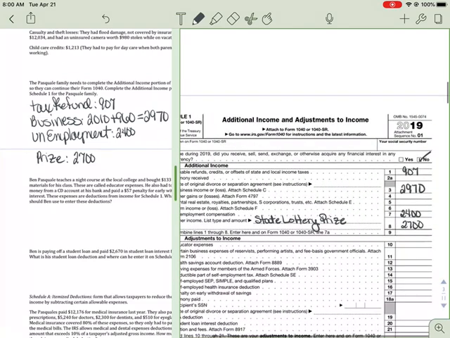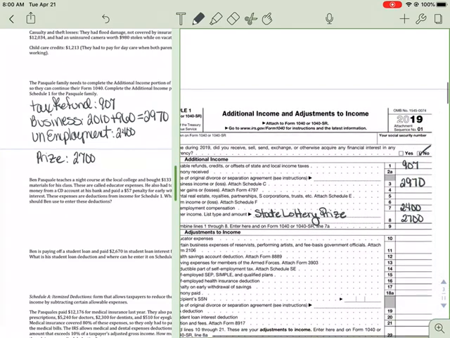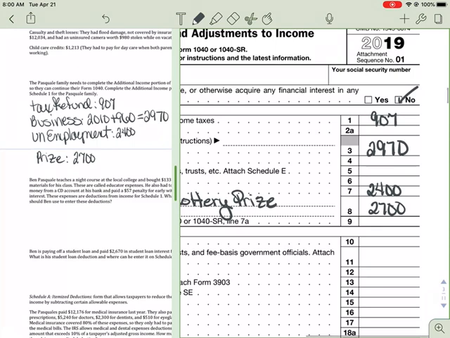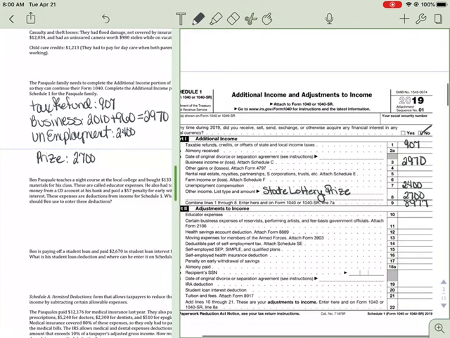Okay. Now, if you notice, line 9 means we have to add all those up. So take a minute and add those up. I got 8,977 when I did that.